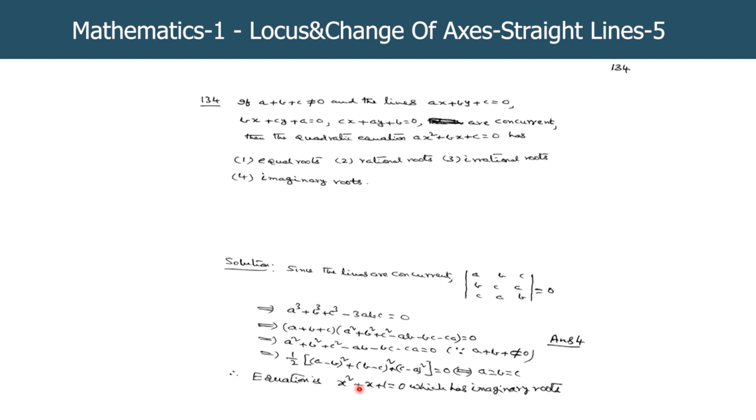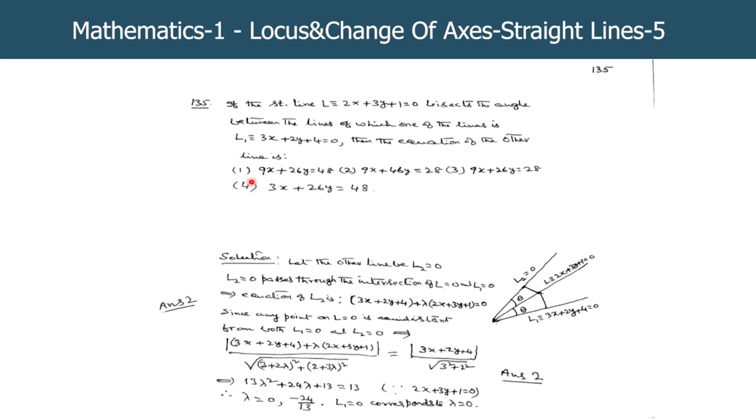And we know that if the discriminant of a quadratic equation is negative, then it must have imaginary roots. So if those three lines are concurrent, then the quadratic equation ax square plus bx plus c equal to 0 has imaginary roots. So, answer is number 4. Answer is option 4.